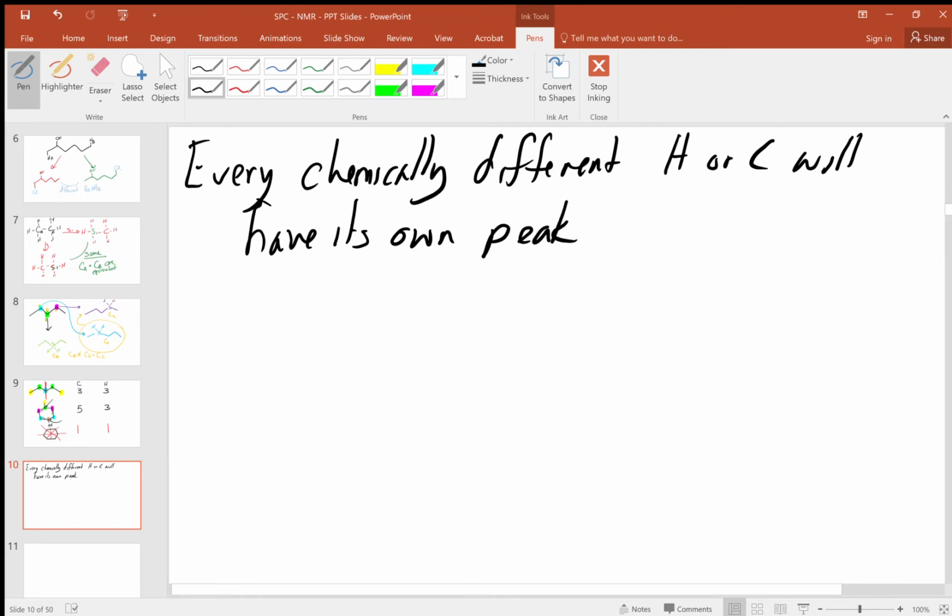All right, so what happens once we make up a sample and put it into our instrument? Well, we start by exposing the sample to a magnetic field.